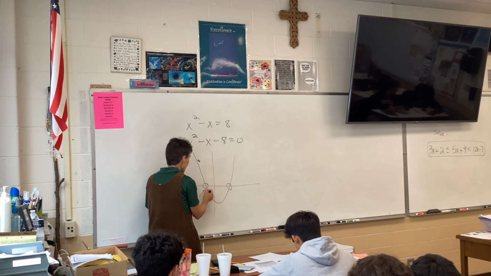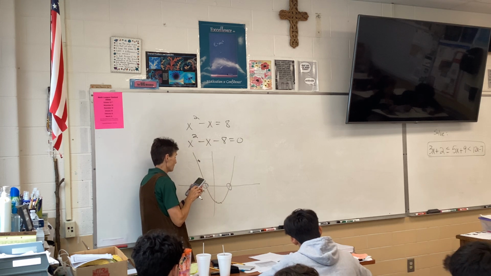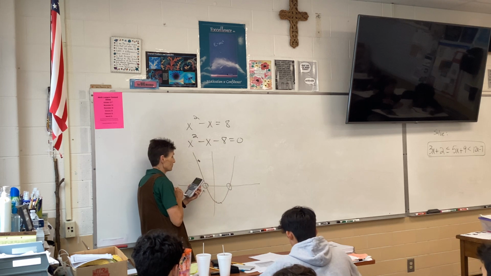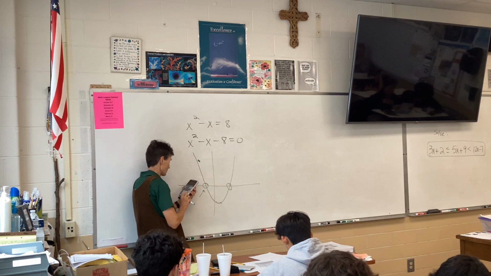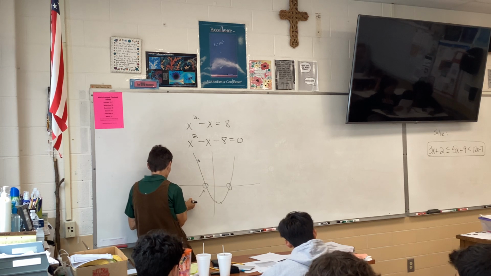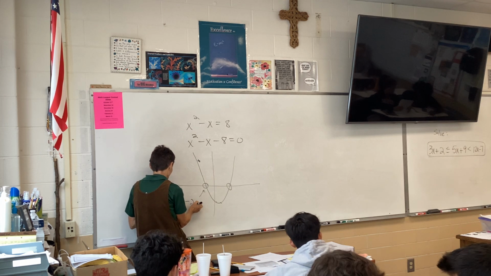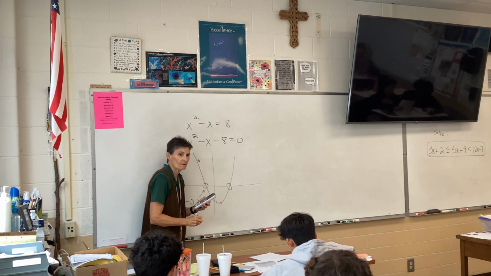Then I need to move it so it's down here somewhere. So I move it. Enter. Then I move it to about there, somewhere close. Press enter. What did you get for this one? There you go. Negative 2.372.